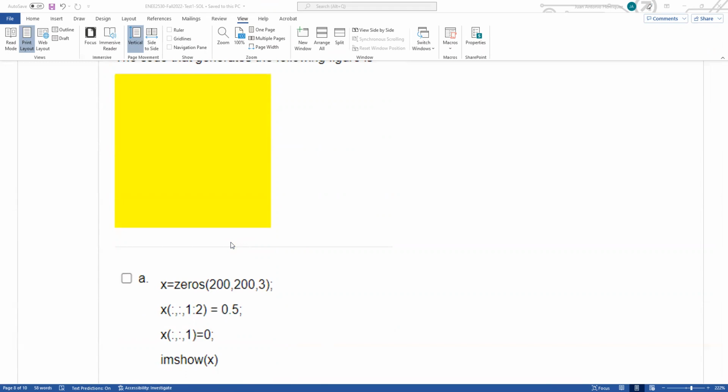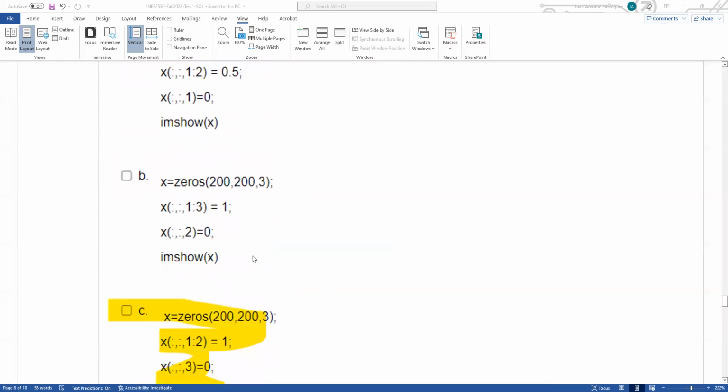Completely red is 1, absence of red is 0, and the same goes for green and blue. So a complete presence of red, green, and blue means 1, 1, 1. Complete absence of red, green, and blue means 0, 0, 0. And then any combination on the intensity of those numbers from 0 to 1 will give you different colors.